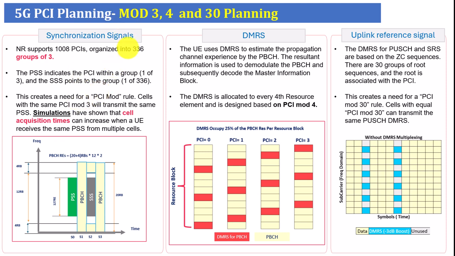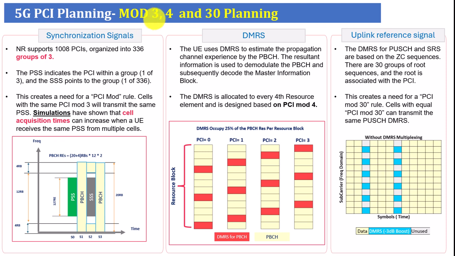So mod 3 interference was more critical compared to 5G, because everything was evaluated based on this cell-specific reference signal. This means that in 4G it was very important to reduce this kind of interference as much as you can.